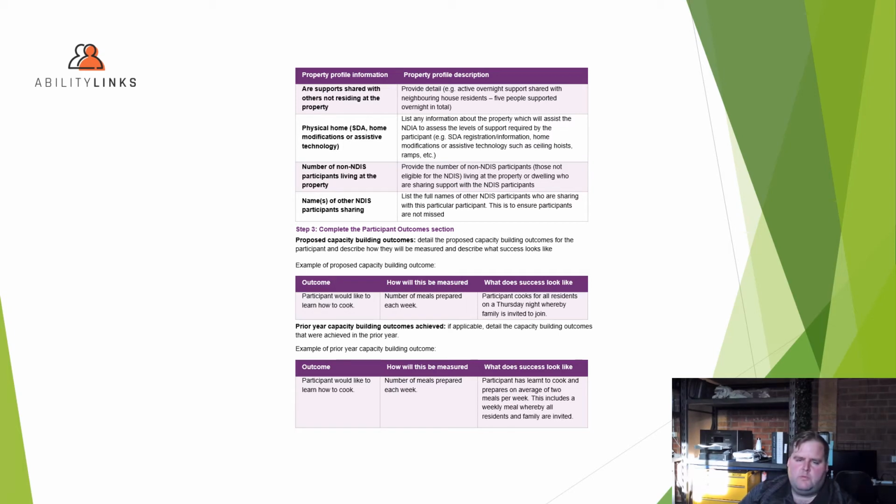So there could be people living in close proximity with the remote monitoring for on-call services, and looking at any modifications that currently exist within the home, whether it be robust or whether it's ceiling hoists, ramps, things like that, to help the planner to understand what level of support is required for a person to live safely in the home.